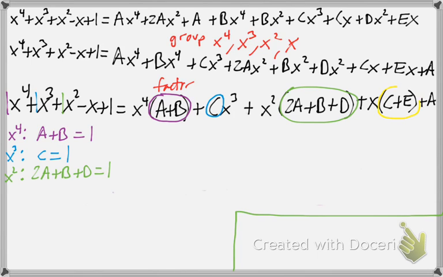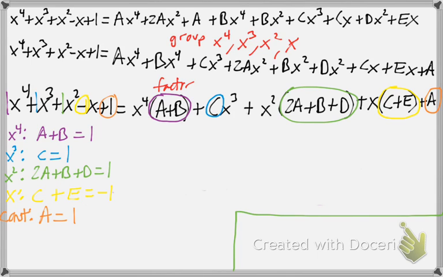Then I have C plus E with the negative 1. So C plus E is equal to negative 1. And then I have the A is equal to 1. So the constant is just A is equal to 1.